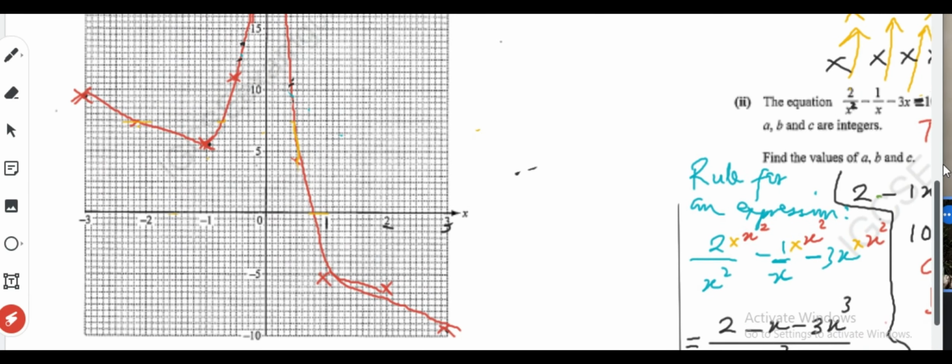Okay, go ahead. Good. That's the line of y equals 0. So where it cuts the graph will be the answer. Where did it cut the graph? Should be here. Yeah. What's the value?